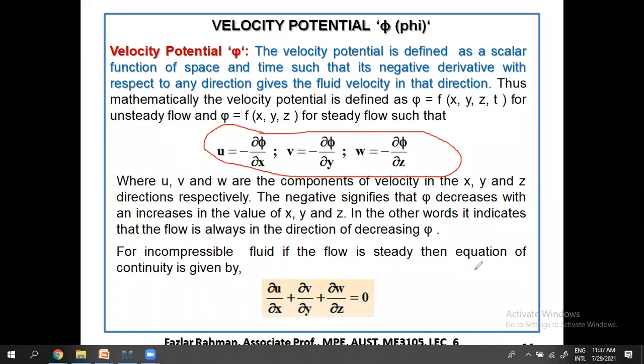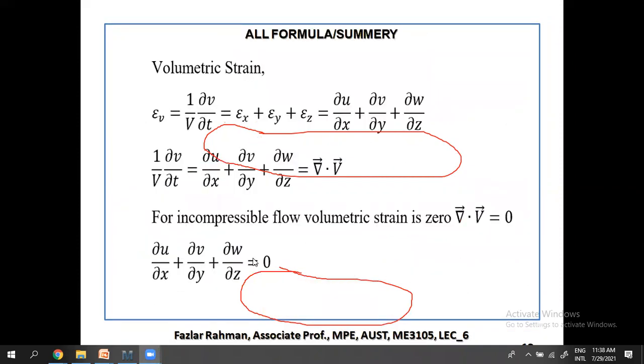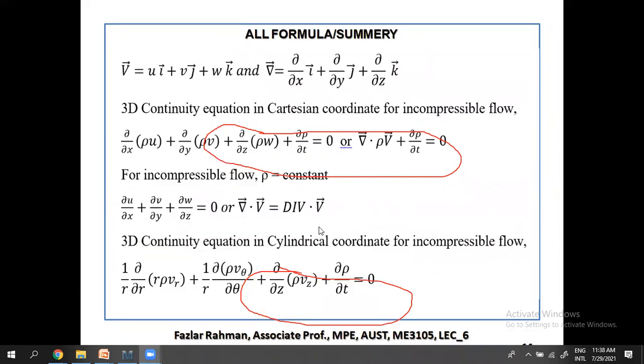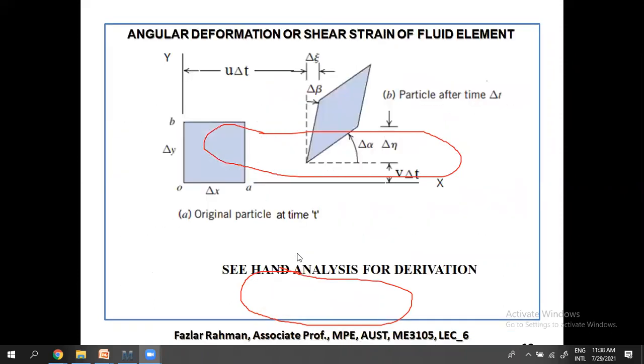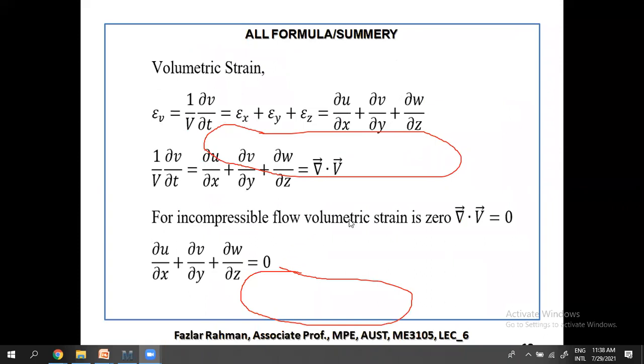Now, for incompressible flow, if the flow is incompressible and steady, that means phi is not a function of time. In that case, our continuity equation is this one. If you look at the previous slide, for incompressible flow, this is called volumetric strain, right?